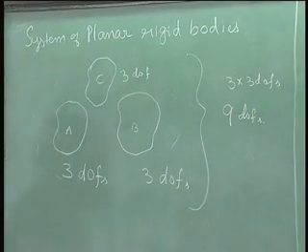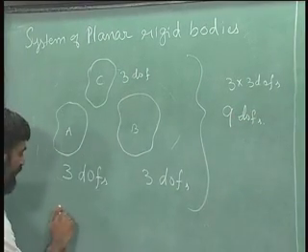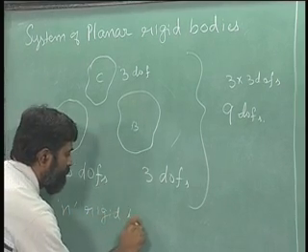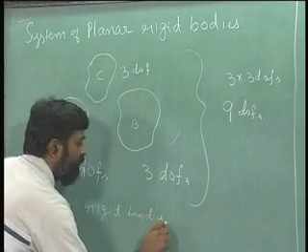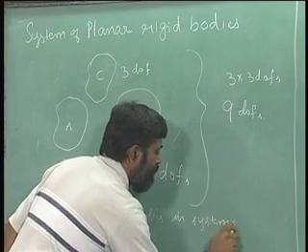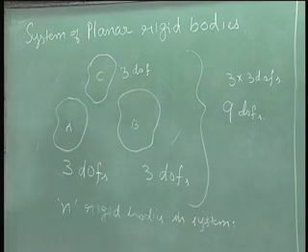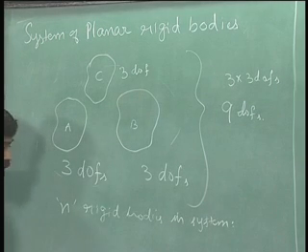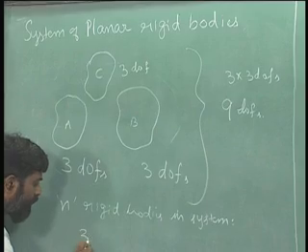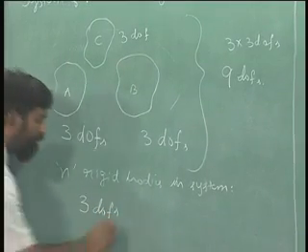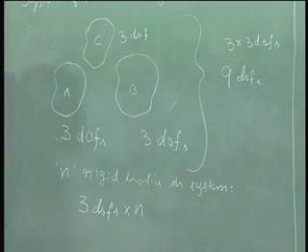Okay. Supposing I have n rigid bodies in a system, I am only talking about planar rigid bodies here. Okay. I know that each one of them will have 3 degrees of freedom. I have n rigid bodies which are independent of each other.